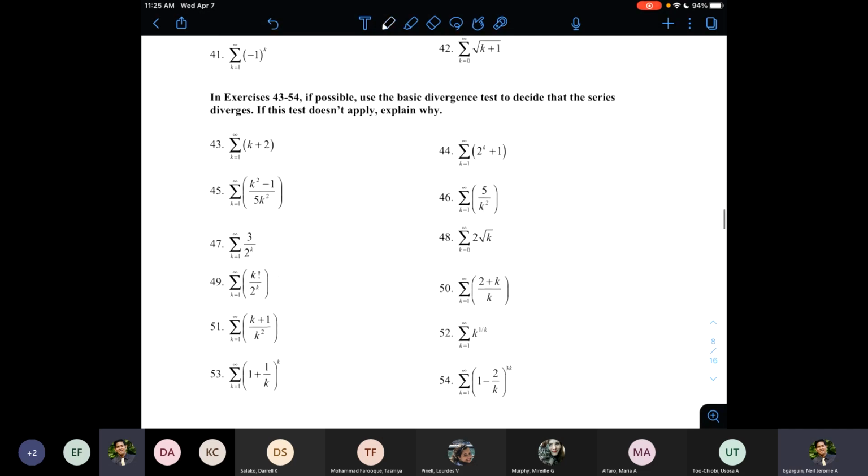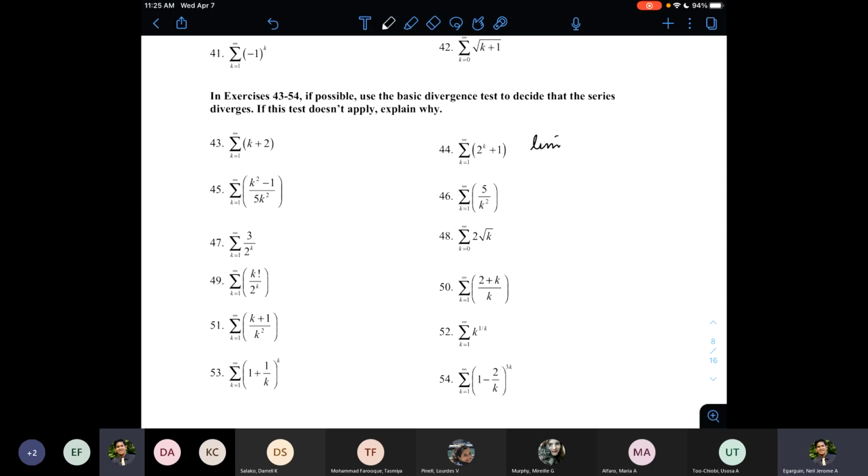Okay, let's try some of these here. So for instance, problem 44 is divergent, right?